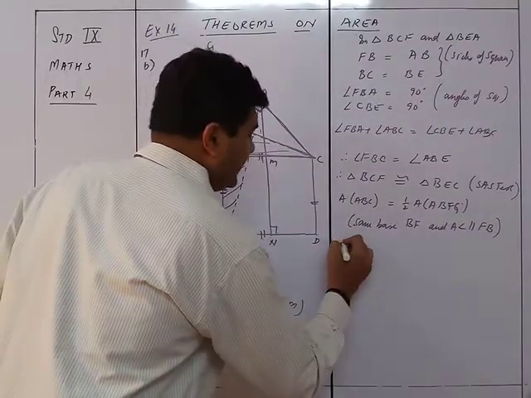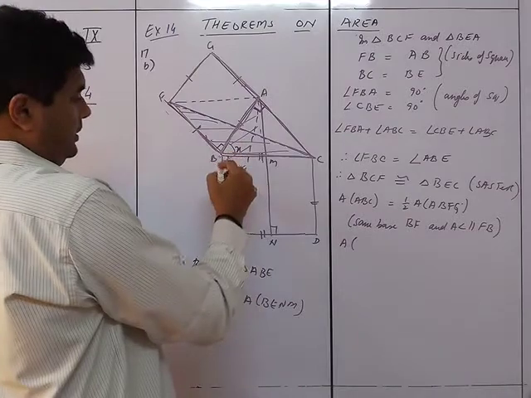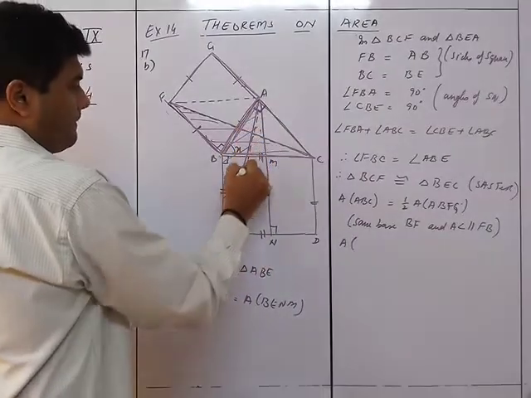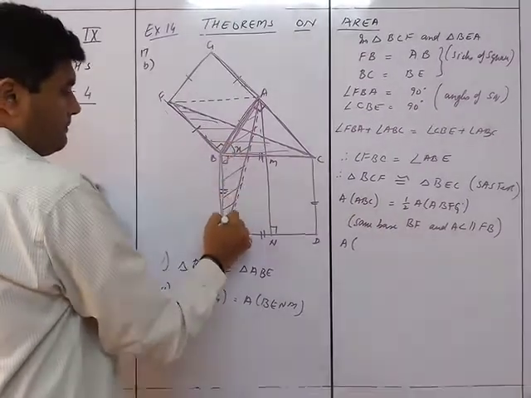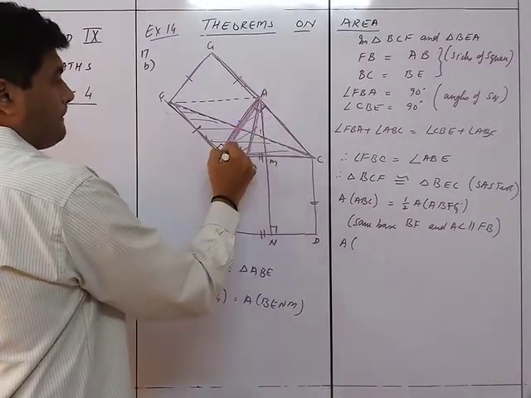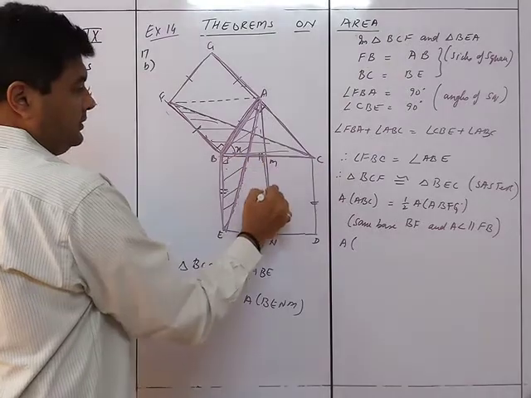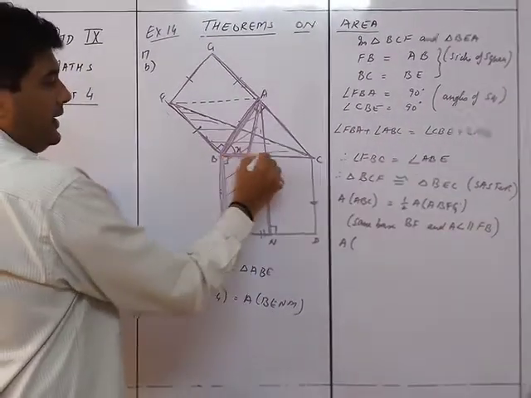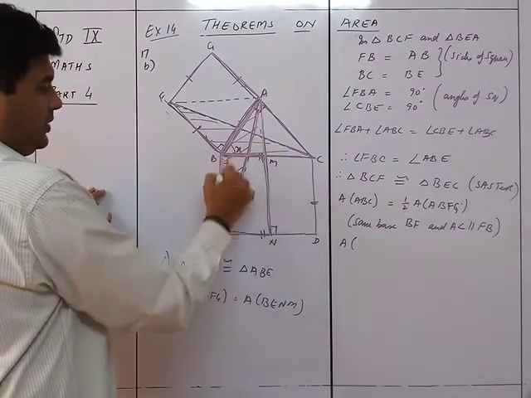Next we know that area ABE, that is this triangle, and this rectangle, both are on the same base BE and parallel lines over here.